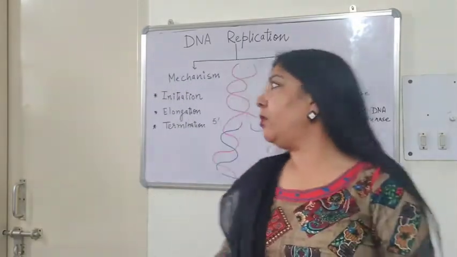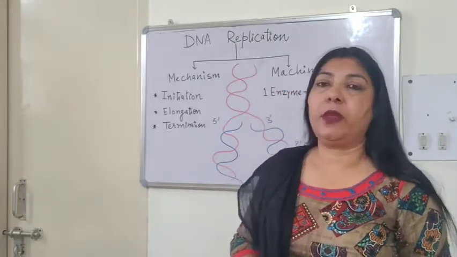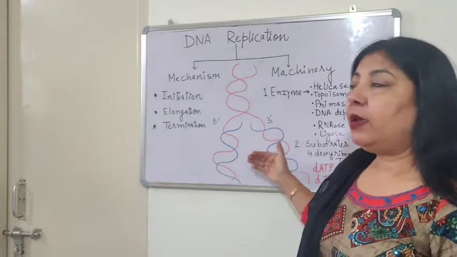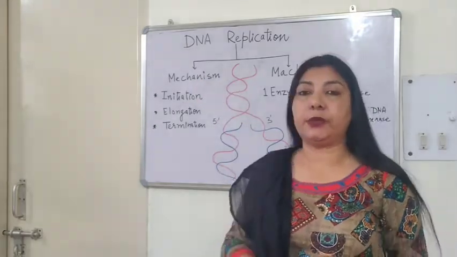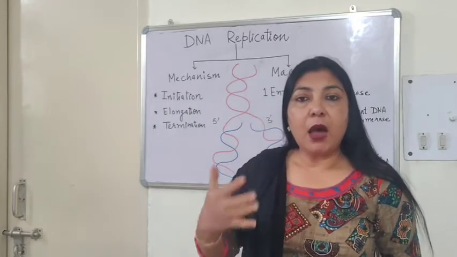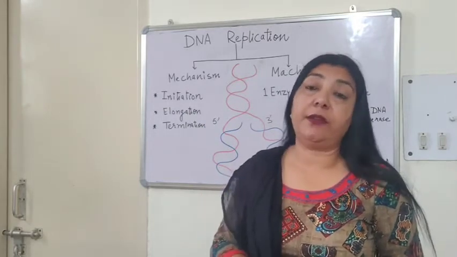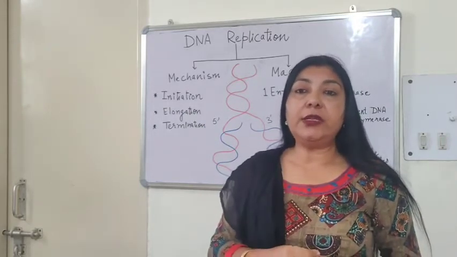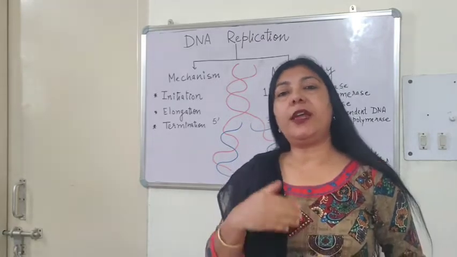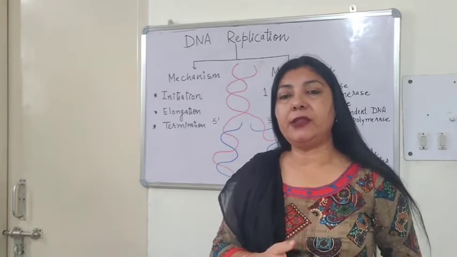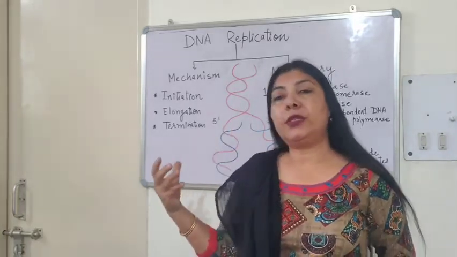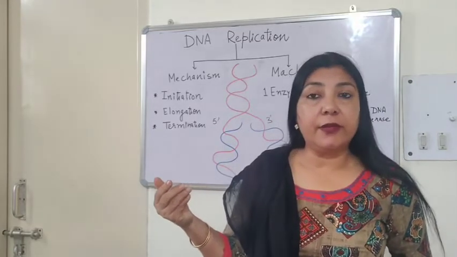Now we switch over to the mechanism. The whole process of DNA replication involves three main steps. First is initiation. How is it initiated? For initiation, there are specific places called the origin of replication, that is ORI. From there only the process is initiated.